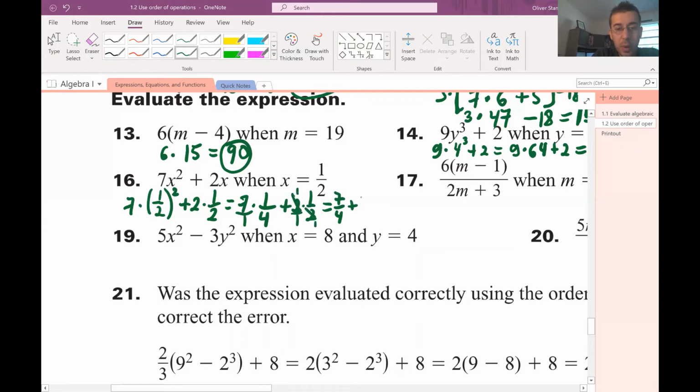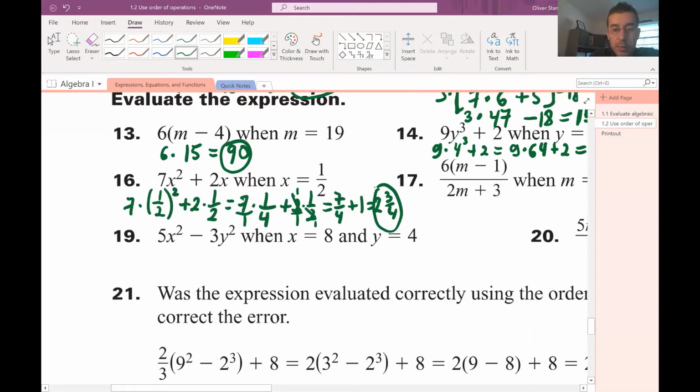So this is just 1, because 1 times 1 is 1, over 1 times 1 is 1, 1 over 1 is 1. So this becomes basically 1 whole and 7/4, or that is 2 wholes and 3/4. Okay, that's number 16, 2 whole and 3/4.